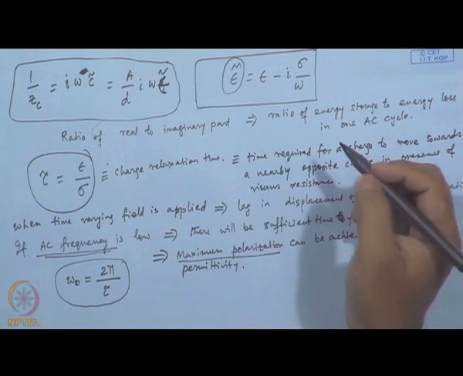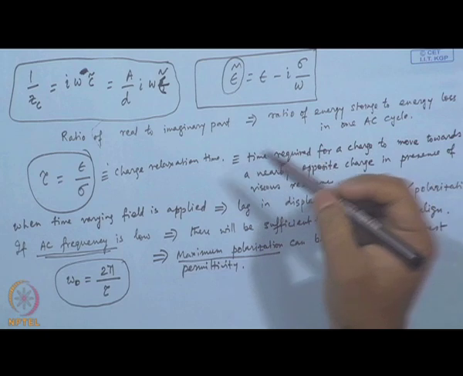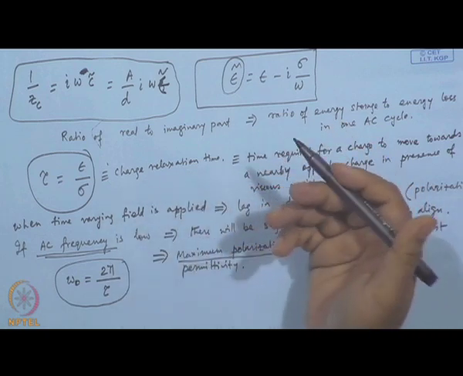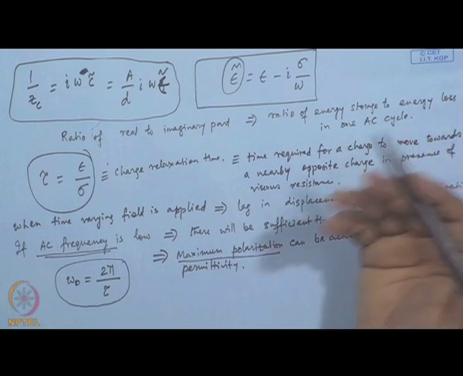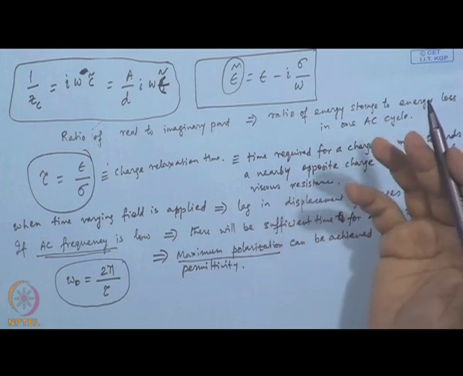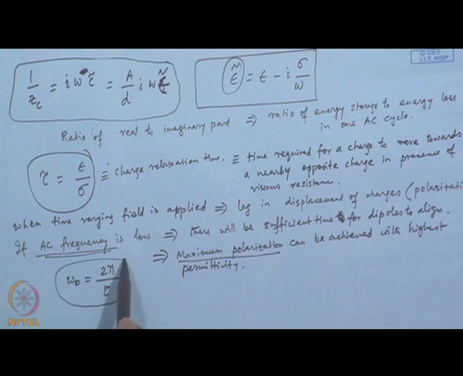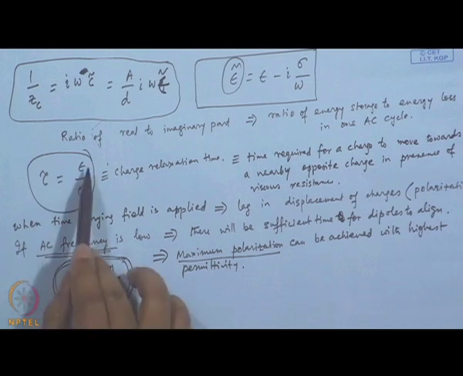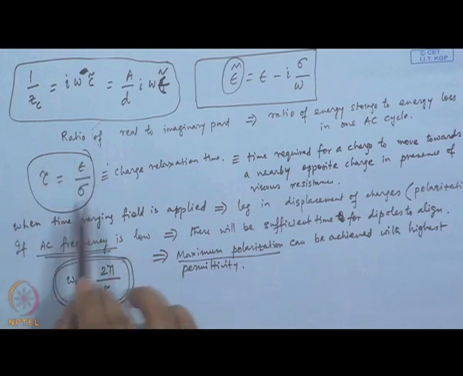This is how you treat this AC time scale. If somebody wants to know the right frequency for the droplet to form, then one would go for this equation where tau is the charge relaxation time, equal to epsilon by sigma.